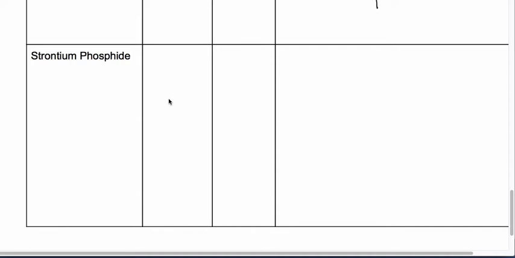Strontium phosphide. So strontium ends in s2, and phosphide ends in, we saw it before, s2p3. So these Lewis dots represent those outer s and p valence electrons. Strontium, it's going to look like this.